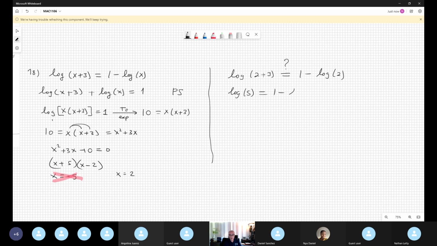How do you manipulate to verify that this statement is true? Well, similar idea to what I did here. You move logarithm 2 to the left, plus, you apply one more time the property number 5. This is 5, and you condense in only 1.